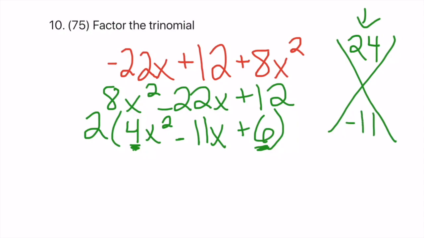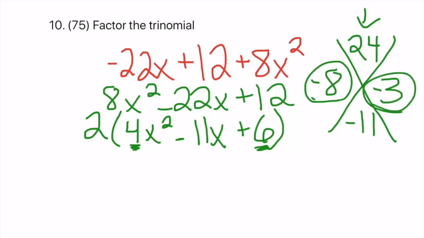So now I need to think of two numbers multiplied together that would give me a 24, added together would give me a negative 11. And the first thing I thought of is 8 and 3. But we know that added together they need to be a negative, and multiplied together it's a positive, so they must both be negatives. So negative 8 times negative 3 is a positive 24, and if I add them together, that is a negative 11. So these are the correct numbers.